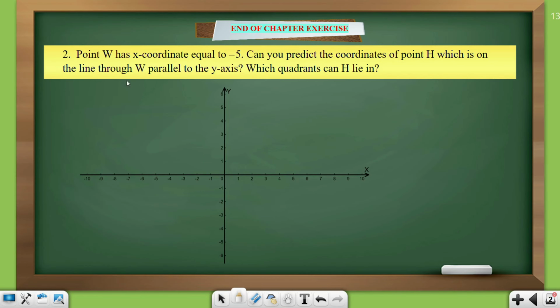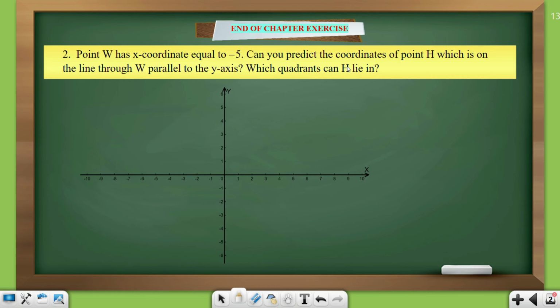And in our second question, the point W has x coordinate equal to -5. Can you predict the coordinates of the point H, which is on the line through W parallel to the y-axis?